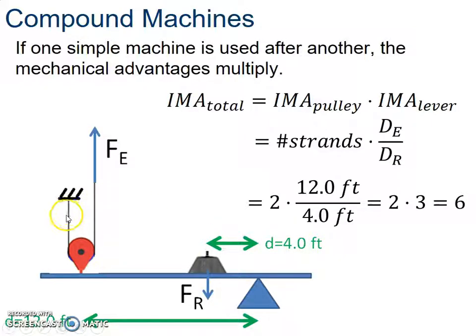In this case, you count the number of strands, 1 and 2. Again, noticing that this is going up, and both strings are going up, so you count both of these strings. So its mechanical advantage is 2. The lever arm is 12 over 4, so that gives me 3. So 2 times 3, a total mechanical advantage of 6.